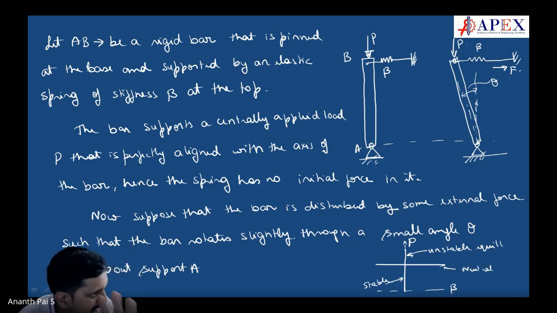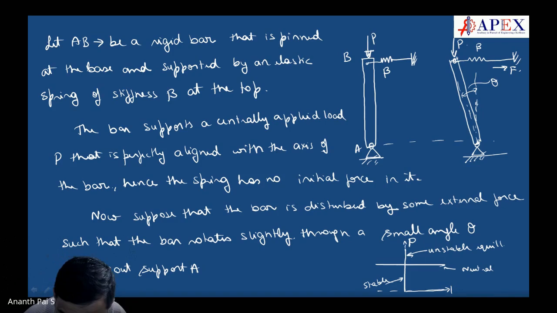That we will write later. The same thing we will write here also. So neutral equilibrium when P is greater than P critical. This is P critical. This is the P line. This is the theta line, not beta, I'm sorry.